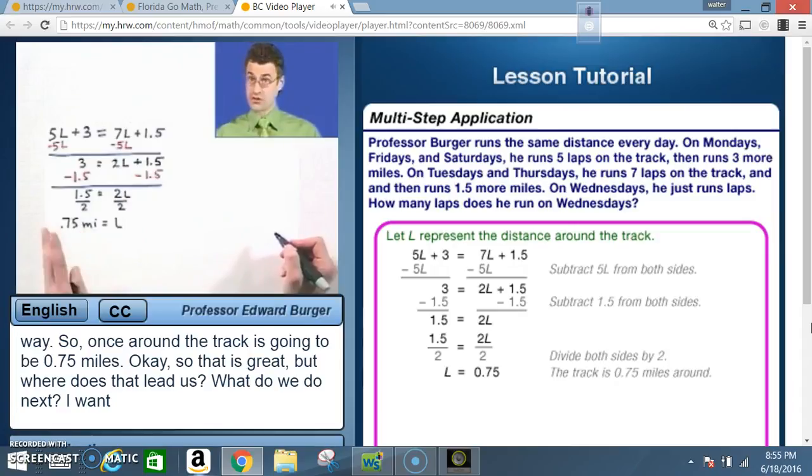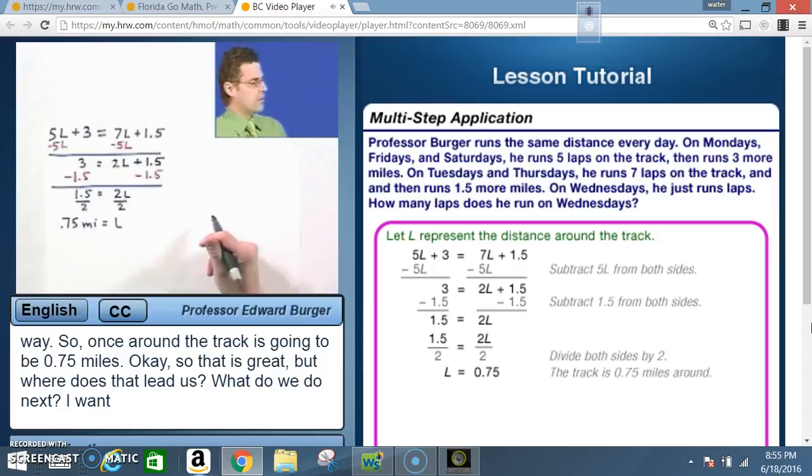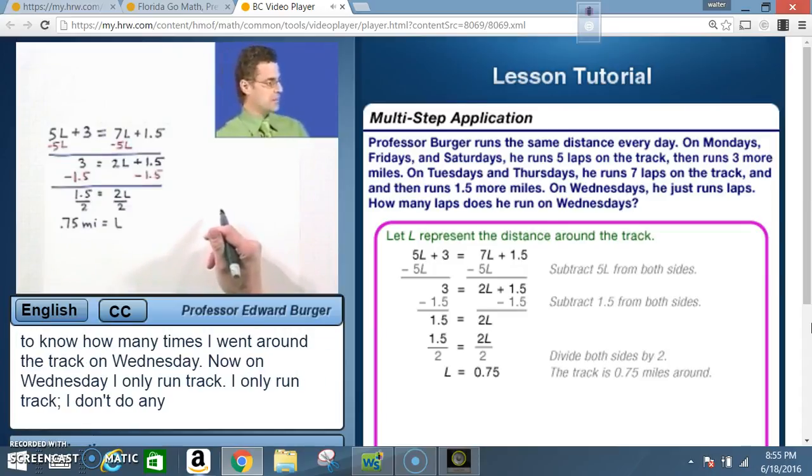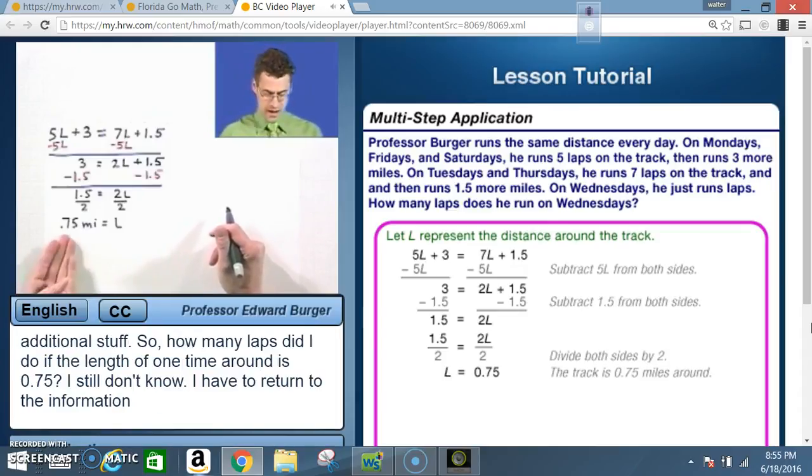Okay, so that's great. But where does that lead us? What do we do next? Well, I want to know how many times I went around the track on Wednesday. Now, Wednesday, I only run track. I don't do any additional stuff. So how many laps did I do if the length of one time around is 0.75? I still don't know.